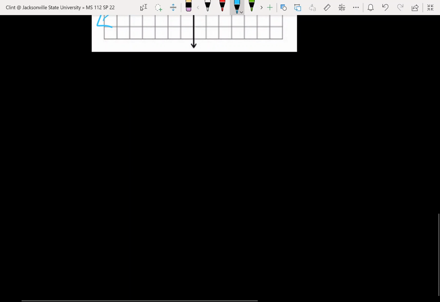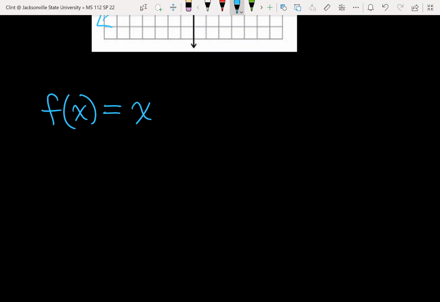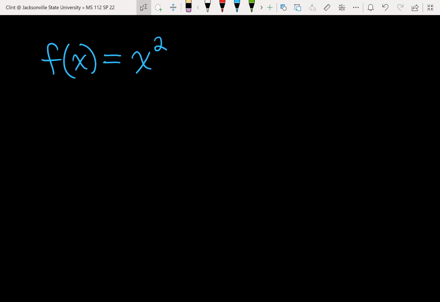Let's think about another function. Here's another one. This time we take whatever input value we pick and we square it, so we multiply it by itself.